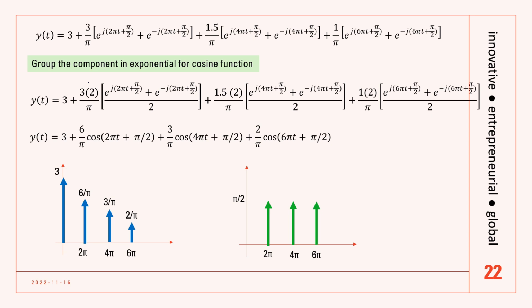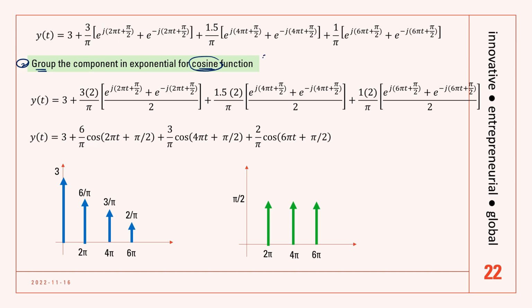Okay, now once you have come up with that particular equation, the next thing you have to do is group the components in exponential form for the cosine function. I always recommend you go for the cosine function instead of the sine function, because the sine function always has a divide by 2j.